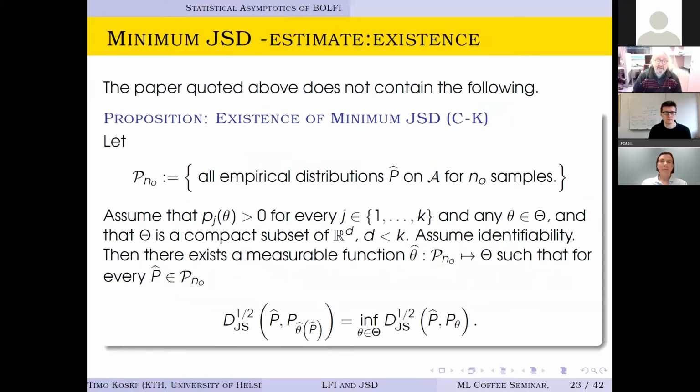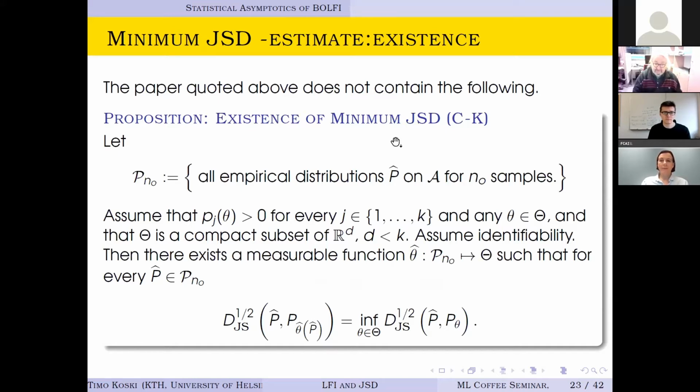Now they don't have it, but just to be sure, we prove that the minimum actually exists for the Jensen-Shannon divergence. Again, this is under the assumption of a compact parameter space, and then we have to assume identifiability: there are no two different thetas that give the same simulator probability. And then I can show that there is a measurable function that actually is the minimum Jensen-Shannon divergence.